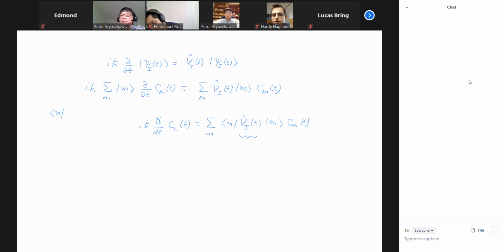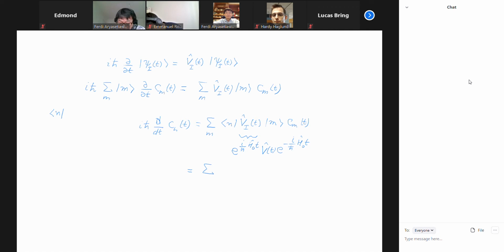So we want to go back to the Schrödinger picture. So that is equal to e^{iH0 t/ħ} V(t) e^{-iH0 t/ħ}. So the states m and n are eigenstates of H0, so we can replace the operator with the eigenvalues.